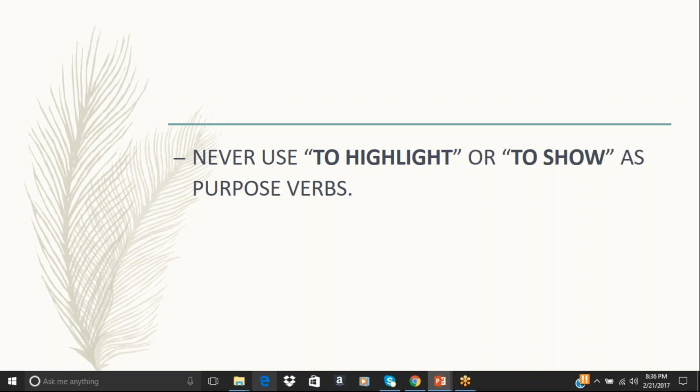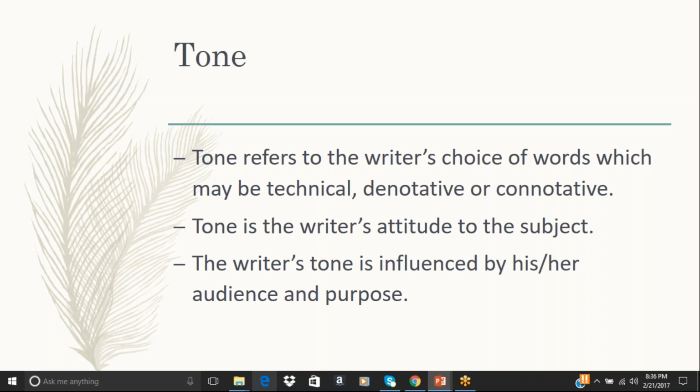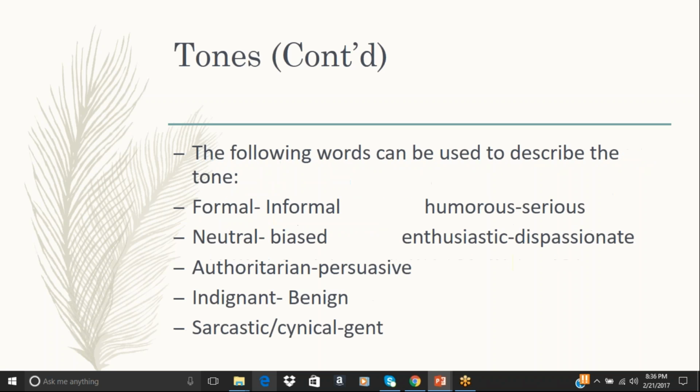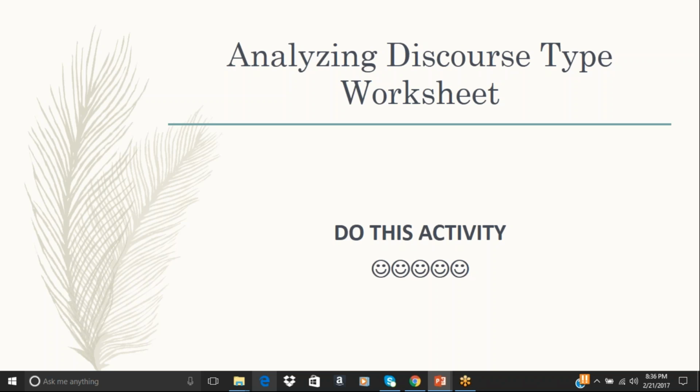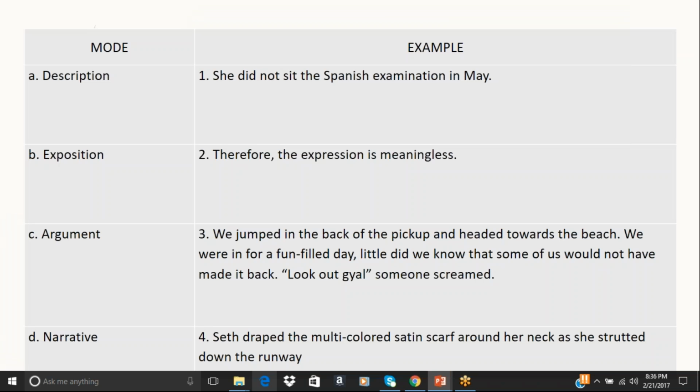There are some persons who argue that the words highlight or show can be vague. I don't agree with them, but to be on the safe side, try to stay away from just to show or to highlight. So just remember the verbs that can be employed here. I'm going to come back to this after this. All right, so we're going to do this quick activity before we move on.